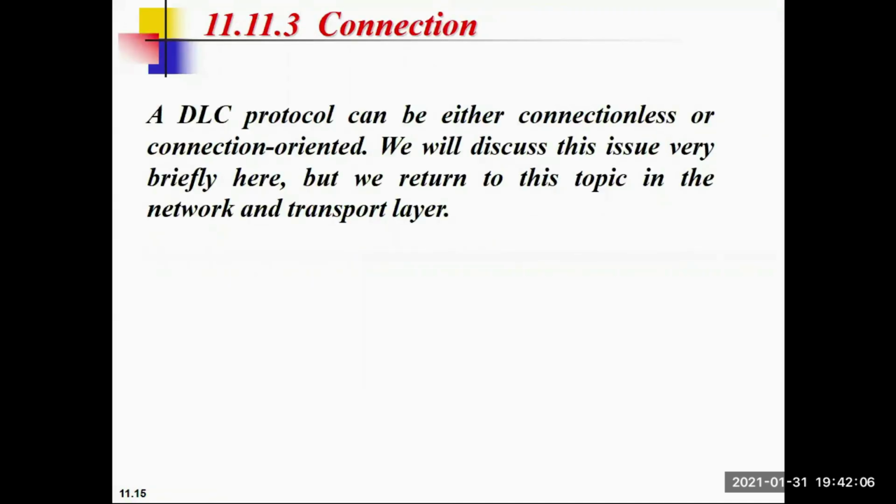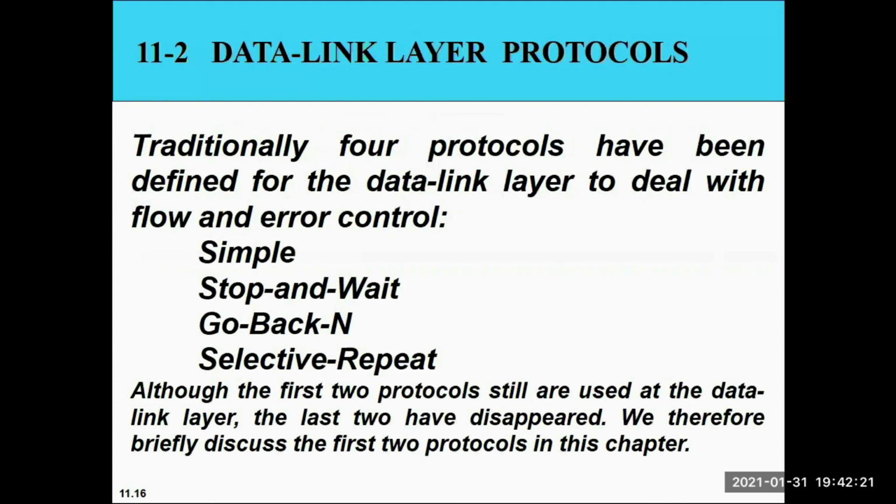A DLC protocol can be either connectionless or connection oriented, and we will see this issue very briefly here. And we will return to this topic in network and transport layer section. So now we will see various protocols of data link layer. So traditionally 4 protocols have been defined for the data link layer to deal with flow and error control.